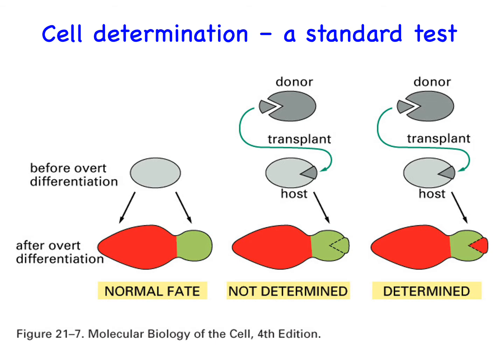Now, if we go back and take some tissue out of that embryo before we see any kind of overt morphological differences, and we move it, in the case in the middle here, from one side of the embryo to the other.